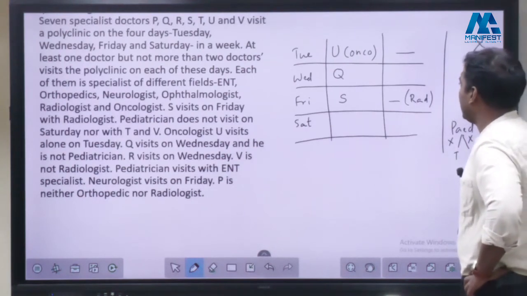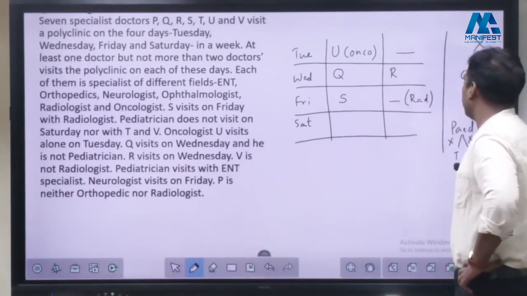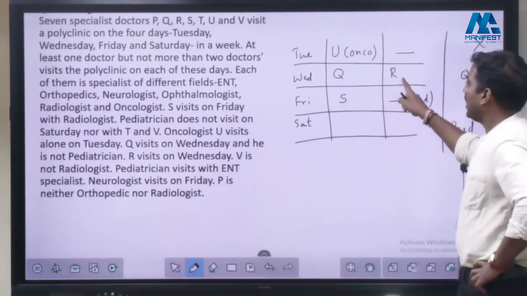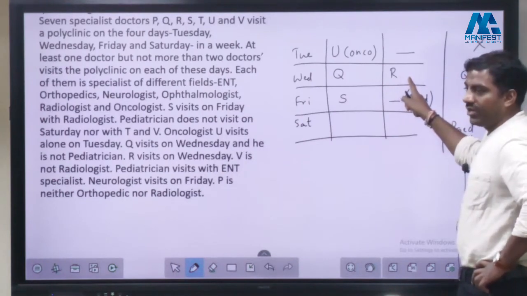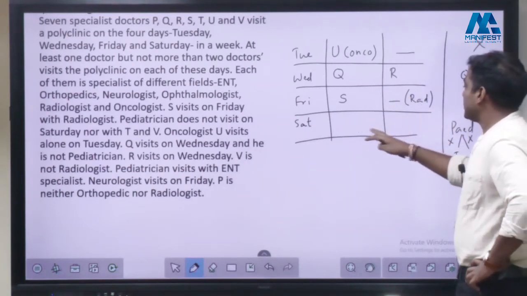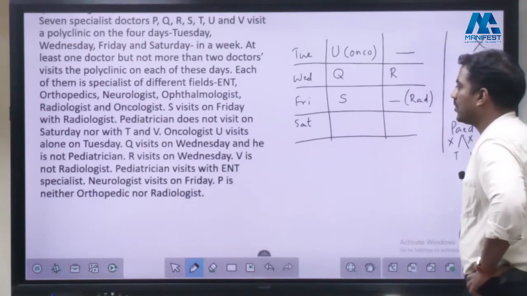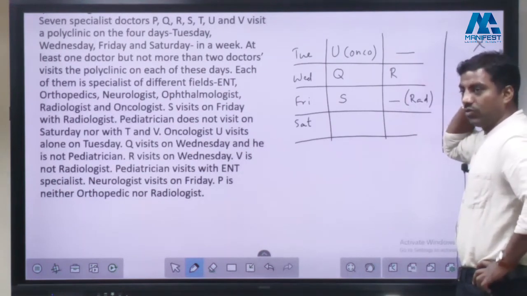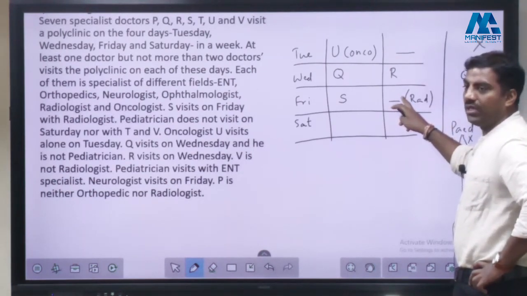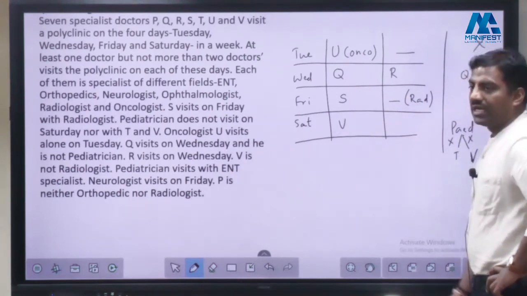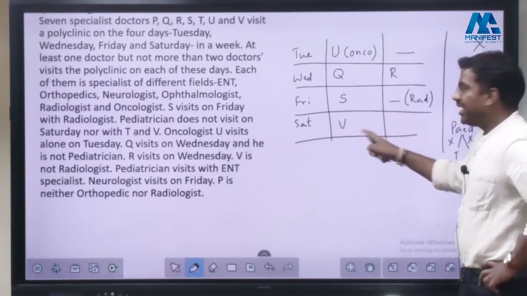Then R visits on Wednesday. See here, Q is not a pediatrician and he is visiting with R. But here, the places are left for other doctors. V is not a radiologist. So we cannot put V here. Where should we put V? Already these places are occupied. If V comes here, the pediatrician will not come here.